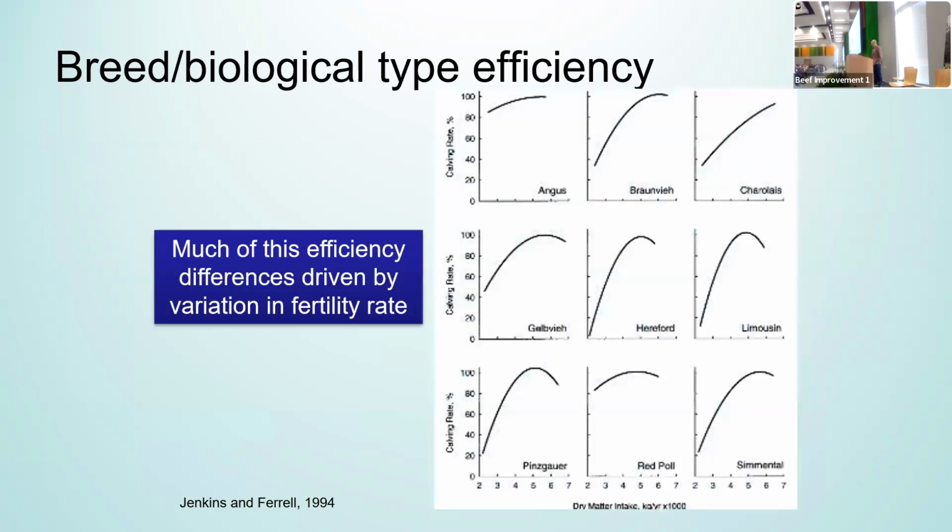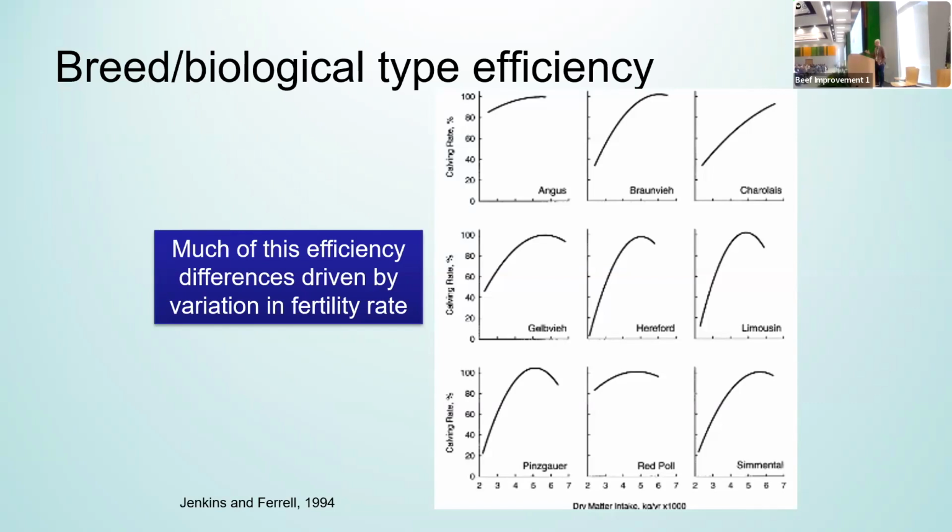And the real driver of much of this is actually variation in fertility rate, where some of the breeds did really, really well even on restricted feed, and some of the breeds really bombed if you restricted their feed and were not producing every year.